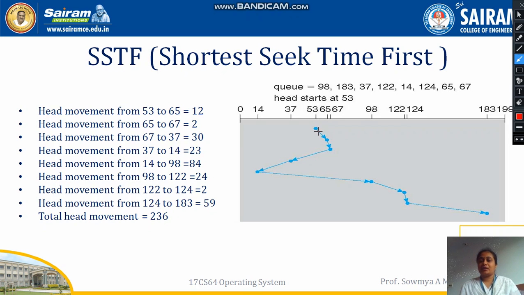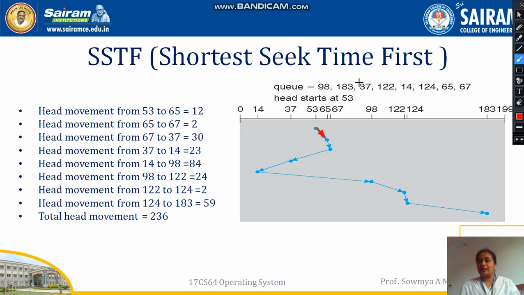So from 53 if you move to 65, it takes the nearest value. So we can tell shortest seek time for 53 is 65. So from 53 to 65 the total head movement happened is 12.